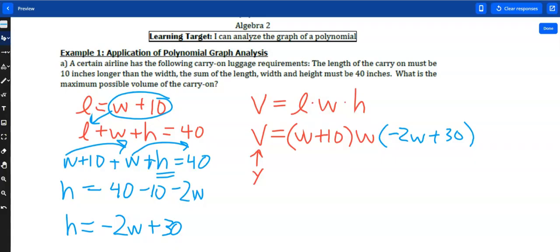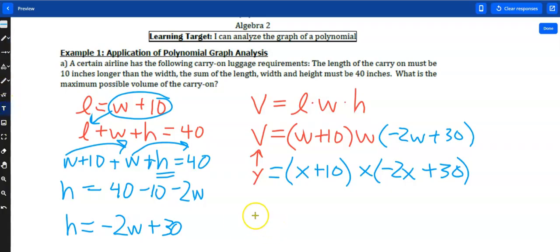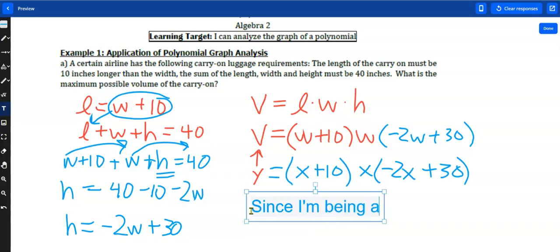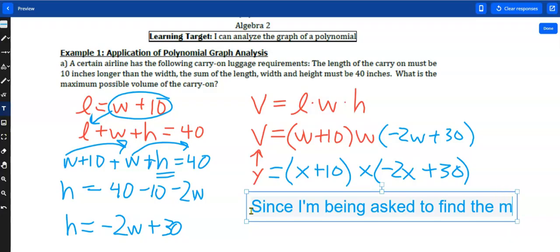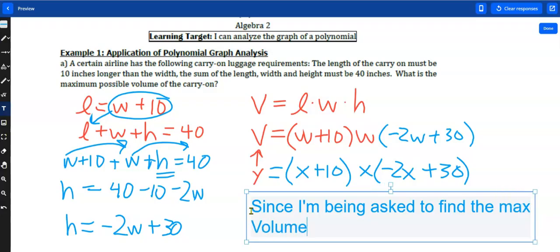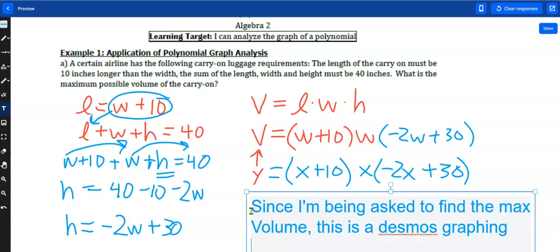Okay. So we're going to treat W as my X value. And I am not going to FOIL this, okay? Let me give you a reason. Since I'm being asked to find the max volume, this is a Desmos graphing calc question.